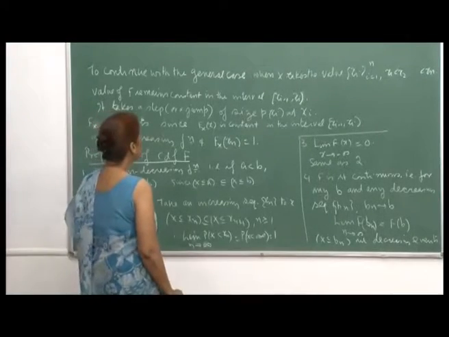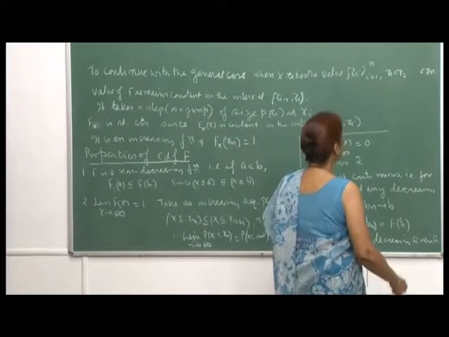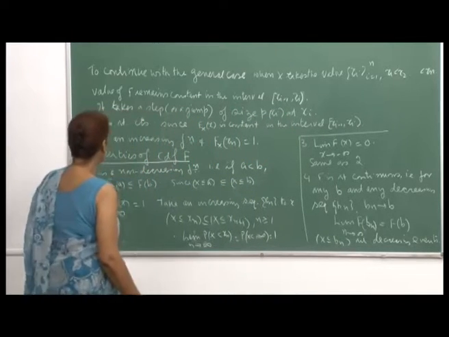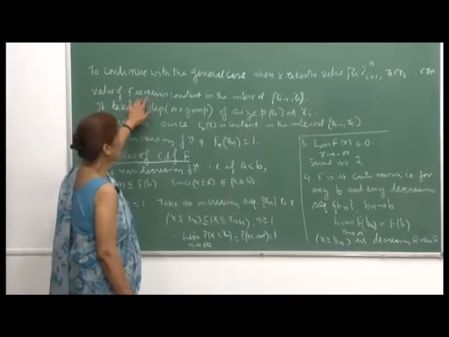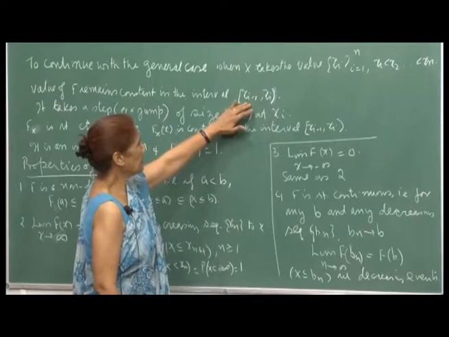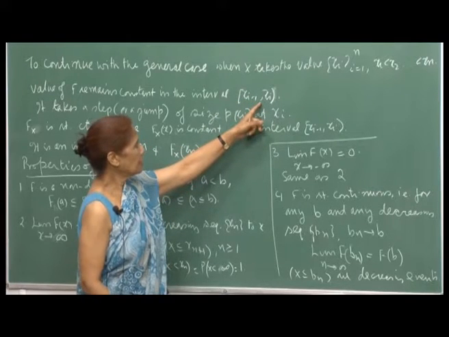To continue with the general case, when x takes the values x_i varying from 1 to n, and x_1 is less than x_2 less than x_n, then the value of F remains constant in the interval [x_{i-1}, x_i), because it takes the value x_{i-1}, and after that it does not take any other value of the random variable.